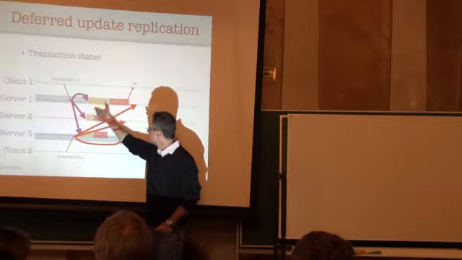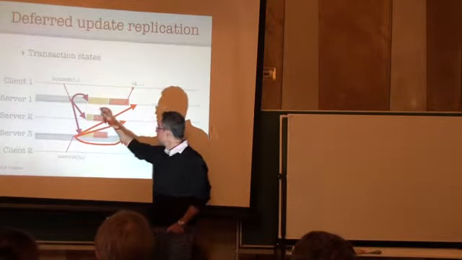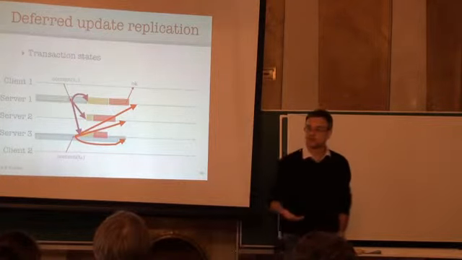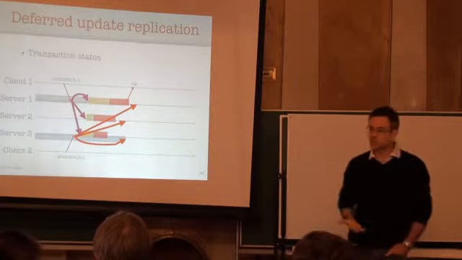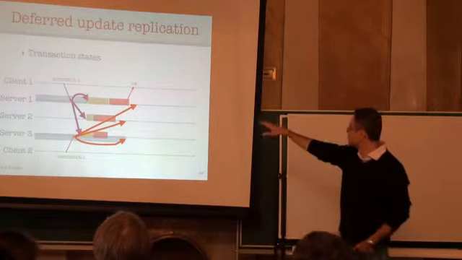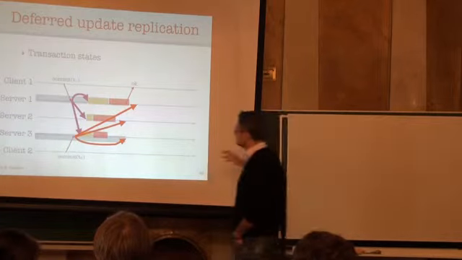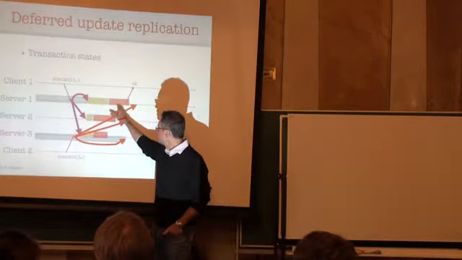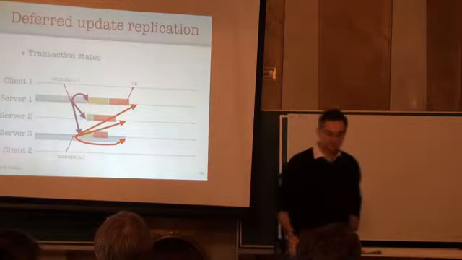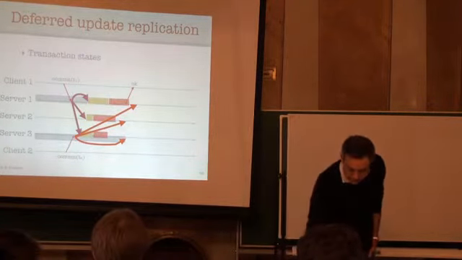Note that I drew the boxes of different sizes to emphasize that the servers may be running at different speeds. It doesn't matter. What matters is the order in which they receive the messages. So the first transaction T1 is delivered, and I'm assuming that it passes certification and it's committed.